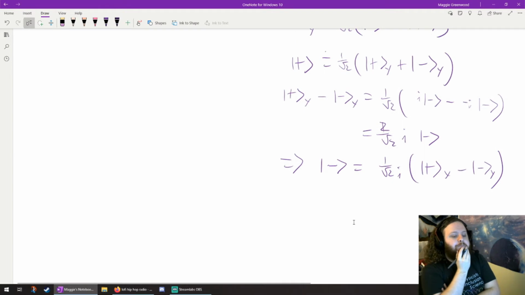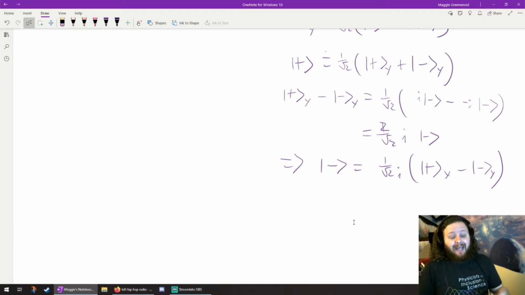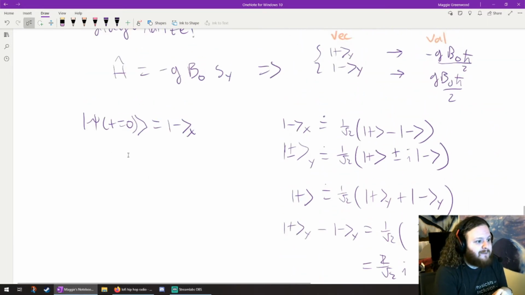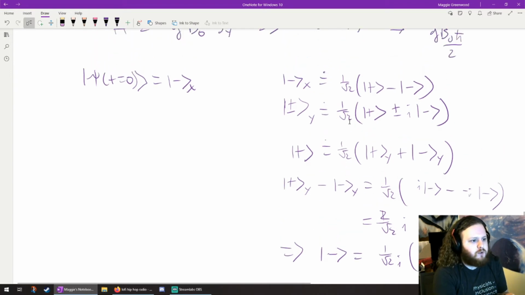Aha. Okay. So now I have the plus z and minus z kets written in terms of plus y and minus y kets. And now I can write down my x state that I was given in terms of the superposition of these two things, because I can just substitute them in from up here.